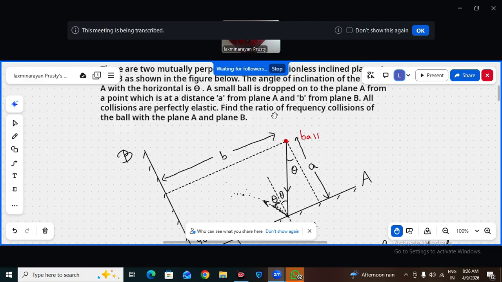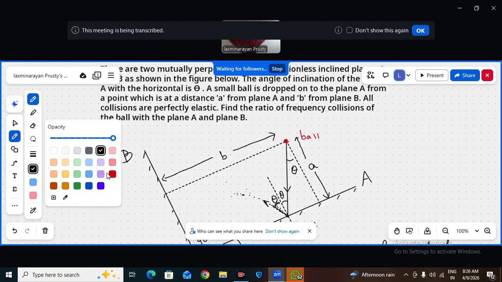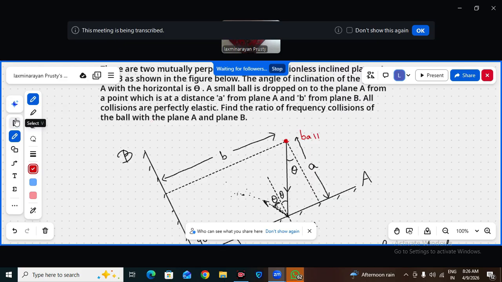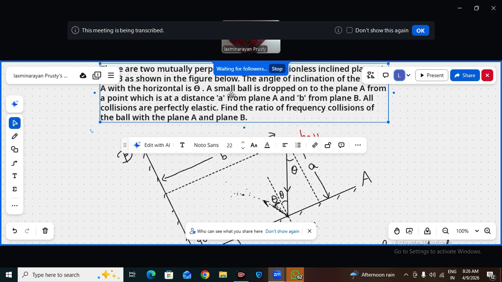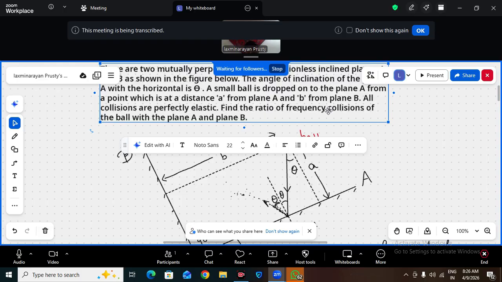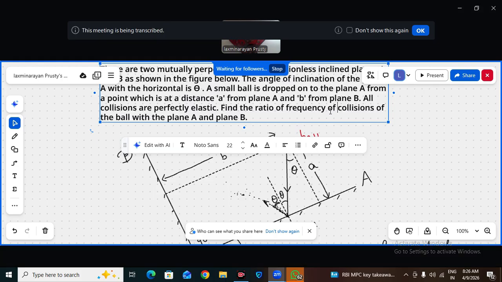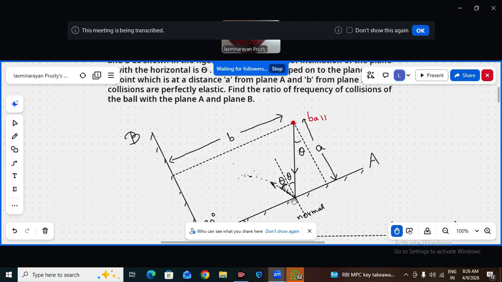Then the question is: find the ratio of frequency of collisions of the ball with the plane A and plane B. The number of collisions per second with A is the frequency of collision with A, and the number of collisions per second with plane B is the frequency of collision with plane B.